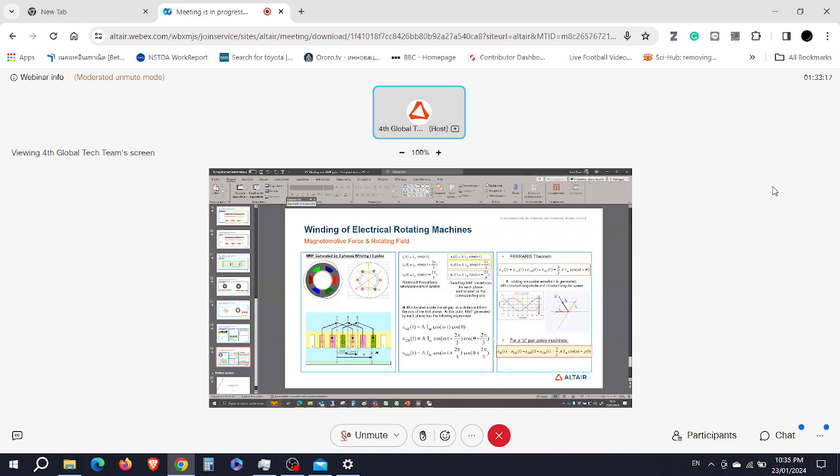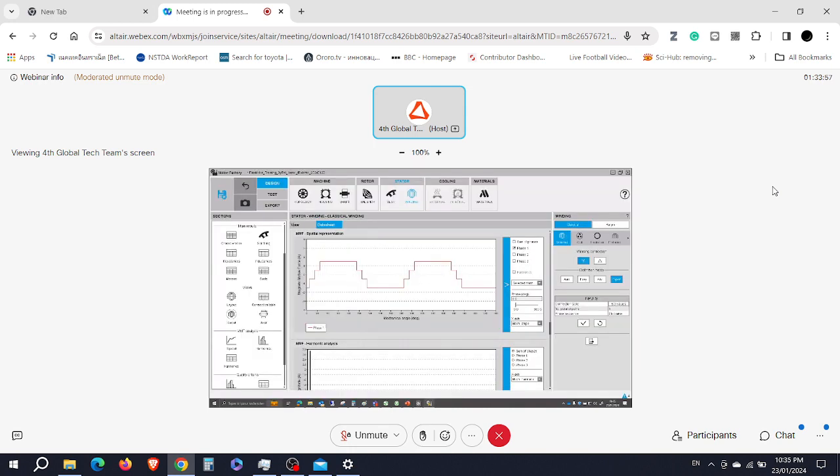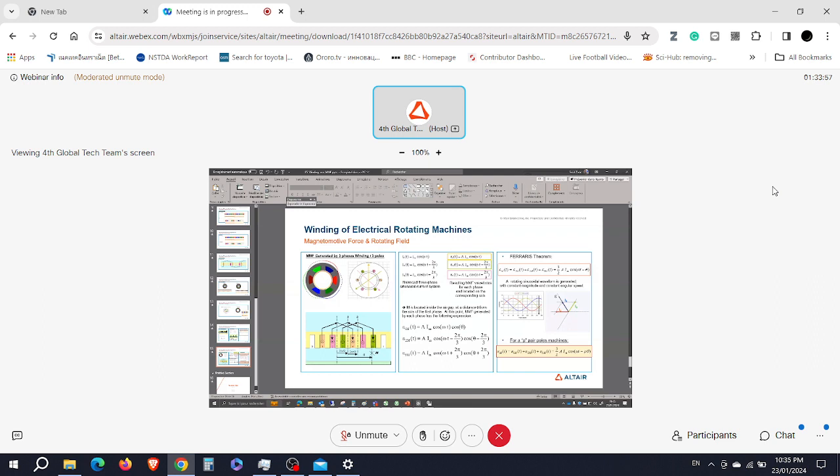This MMF can be given through Ampere's law. If we know that the current on phase 1 is written by Im cos omega t, on phase 2 the current I2 is equal to Im cos(omega t minus 2π/3).